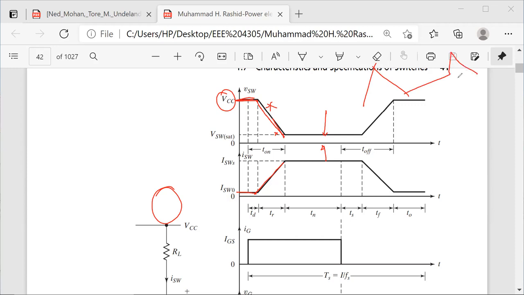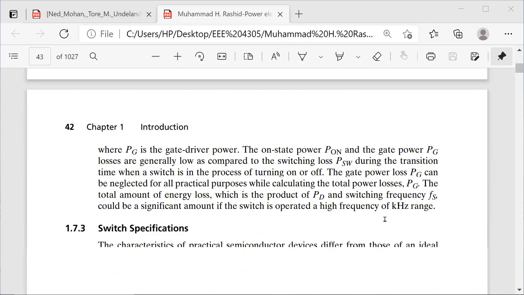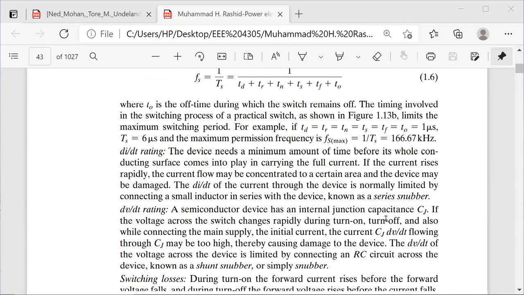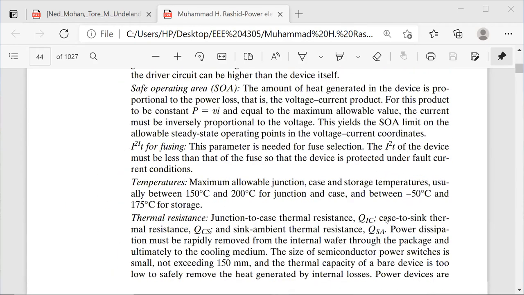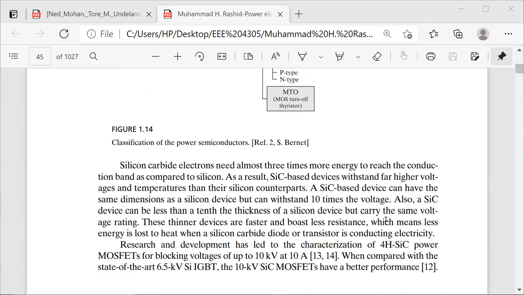Can you remember this one from the last class? Yes, sir. It is also given in the 4th edition of this book, but not in the previous edition. But I think you should read from Ned Mohan, that is okay. I'm not going into details of this one.